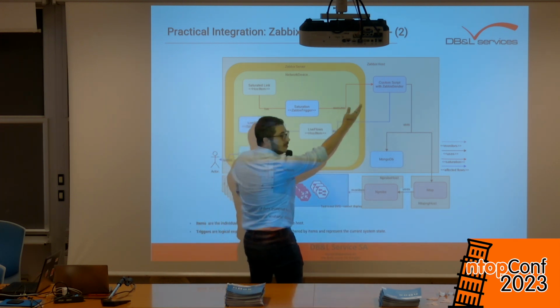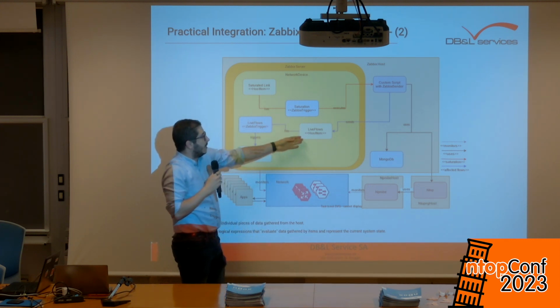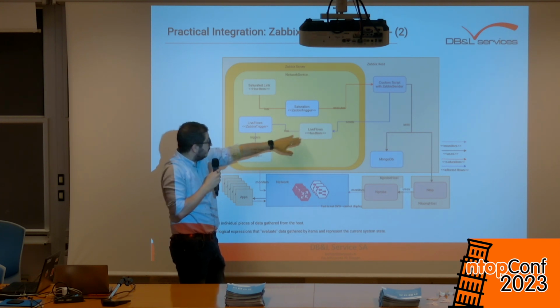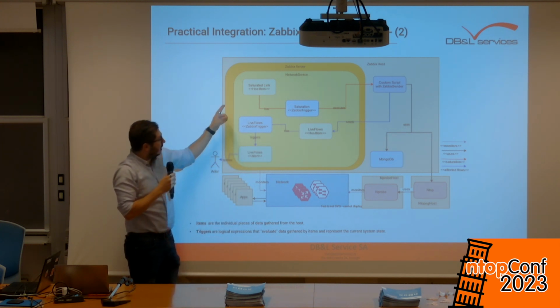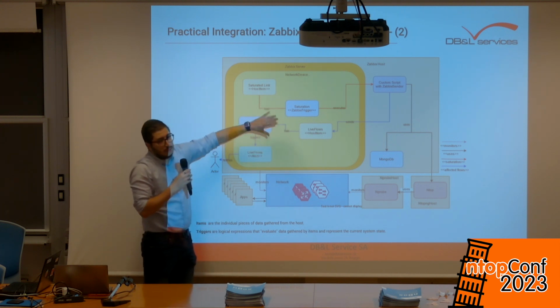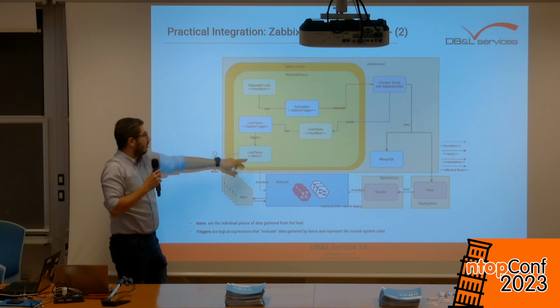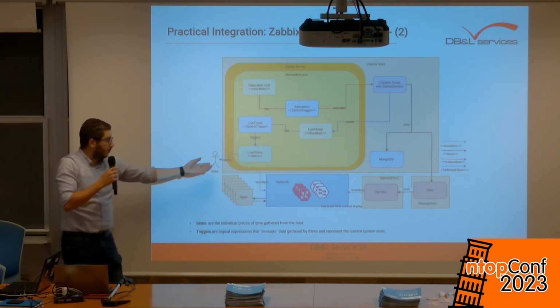Once our custom scripts have all this information, they send it back into an item that gathers the data and triggers here, like flows. This is the last trigger that will take all this information, put it in a very nice email, and then trigger the alert. The alert will send the email to the end user.